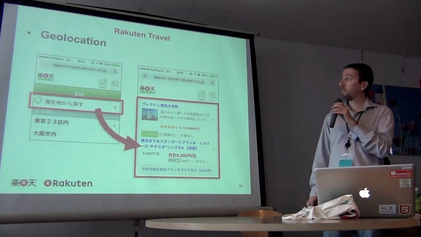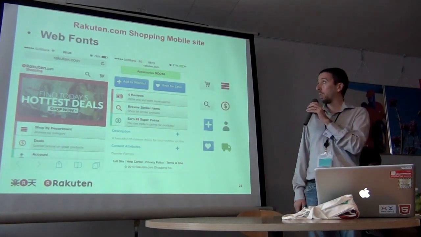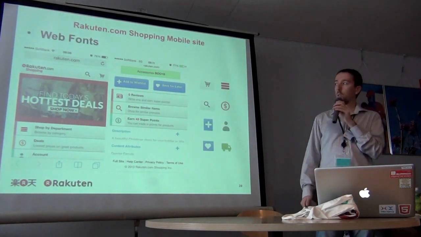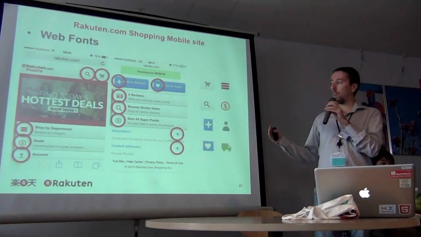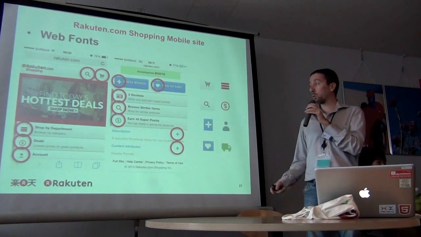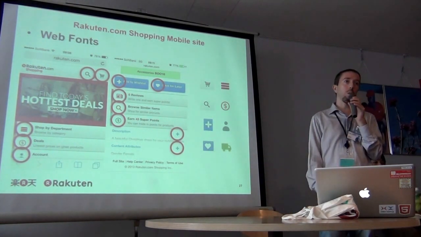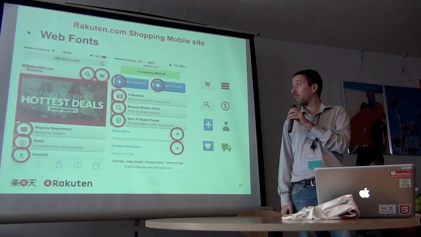Very useful feature. We are also using web fonts on the Rakuten.com shopping mobile site. So we can use it for icons like this. And they show up very nicely on high PPI screens, normal screens, and we can also reuse them in different sizes and colors. So again, we can reduce HTTP requests.